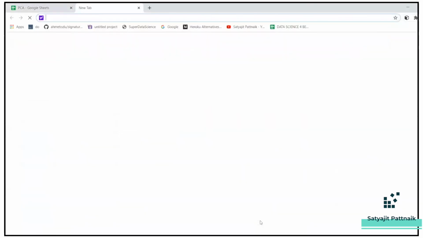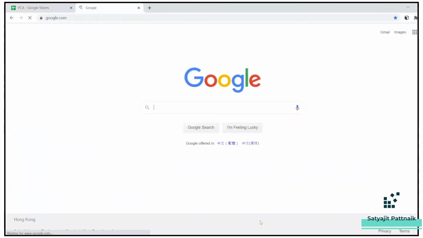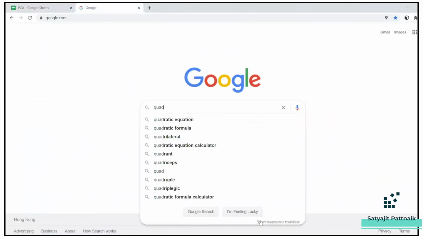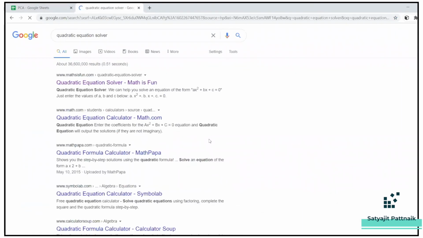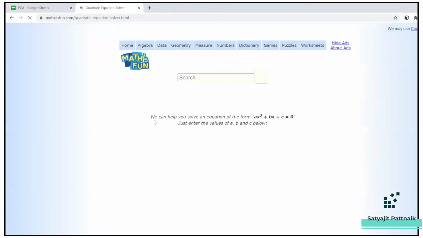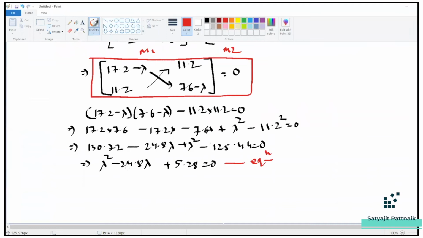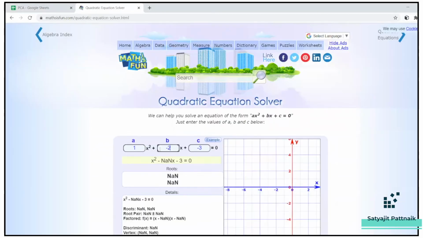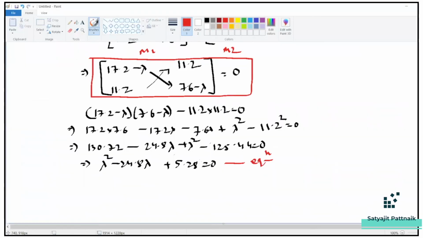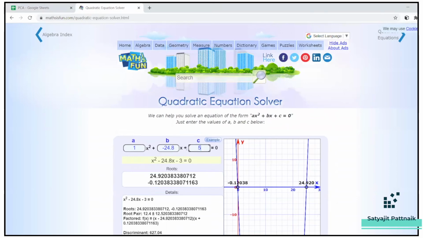For the time being, let's use a quadratic equation solver. There are a lot of solvers on Google itself. So my A value is 1, my B value is minus 24.8, my C value is 5.28.